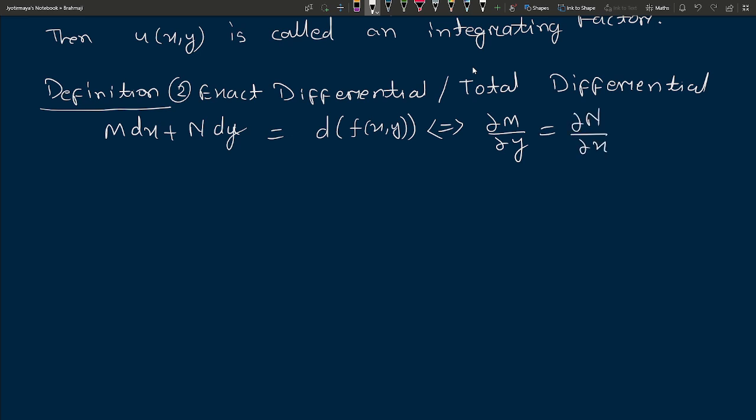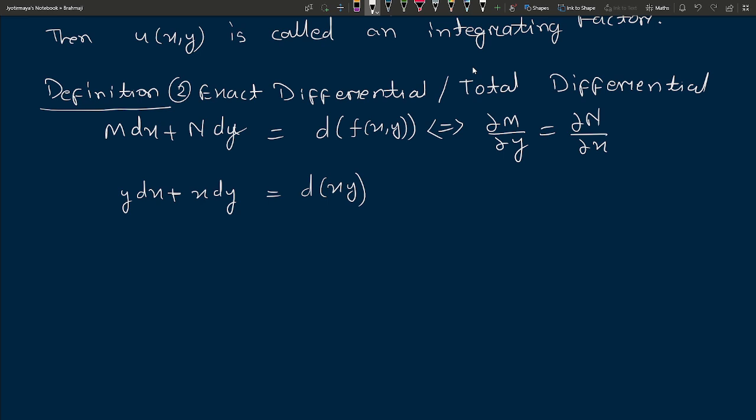For example, if I write y into dx plus x into dy, this is the differential of x into y. Apply the u into v formula: y into the differential of x plus x into the differential of y.